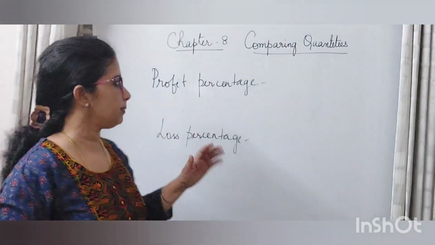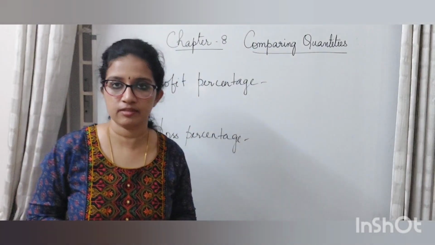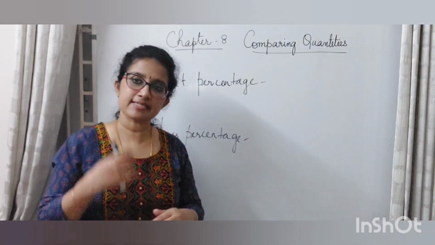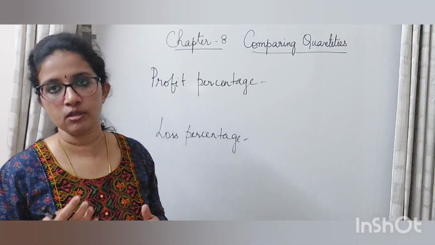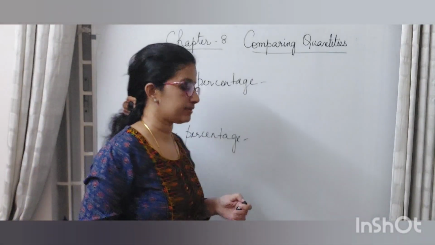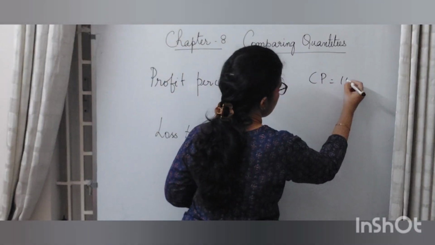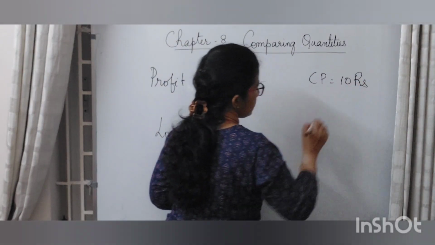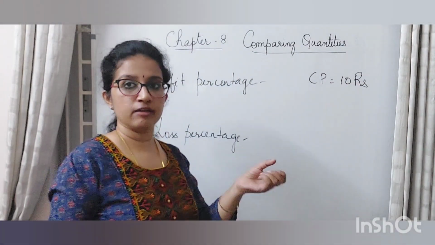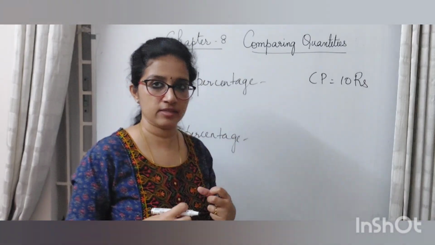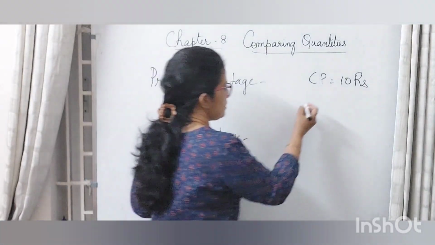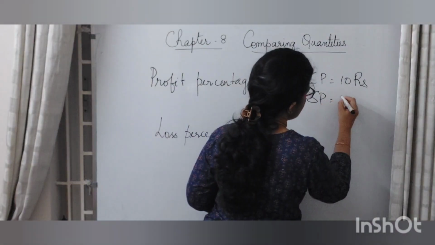Next we are going to see profit percentage and loss percentage. How to calculate the percentage of profit and percentage of loss. So let's take the same example. That is, cost price is equal to 10 rupees. That is, the shopkeeper got the biscuit for 10 rupees. That is the cost price. Selling price is 12 rupees.